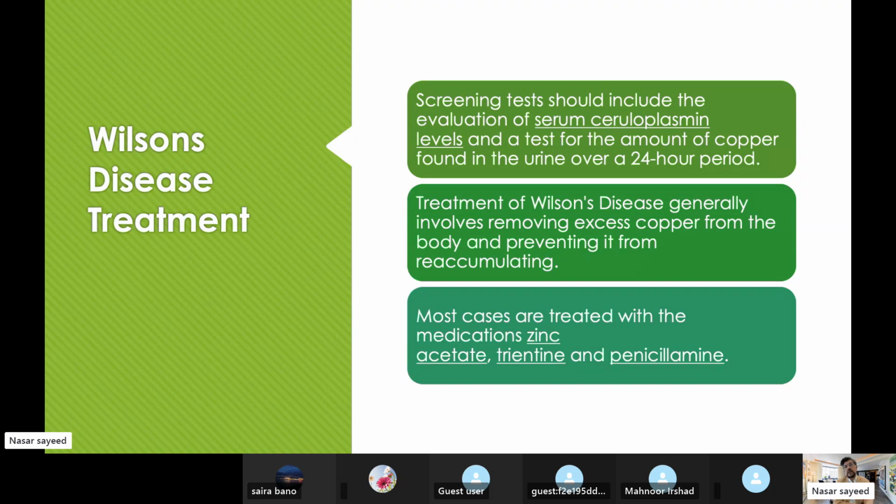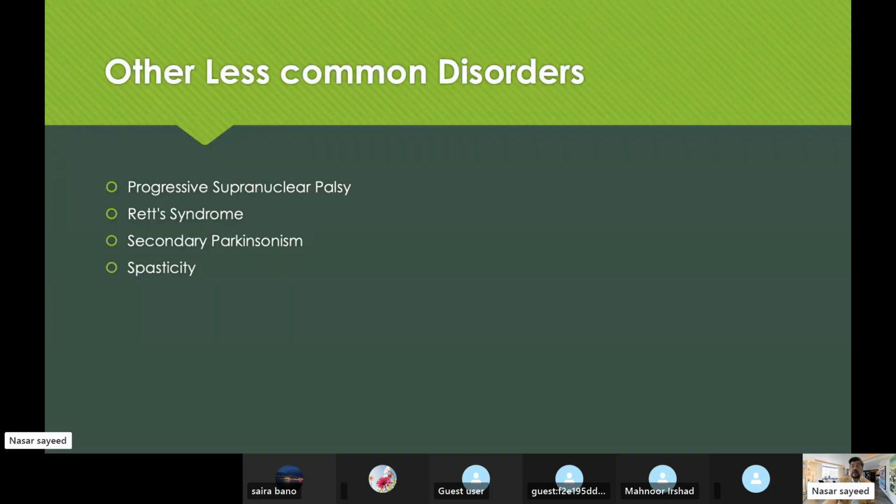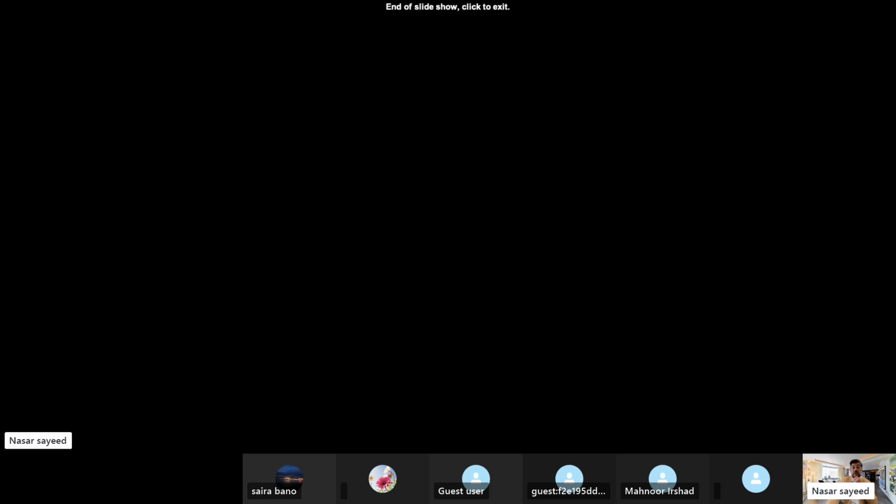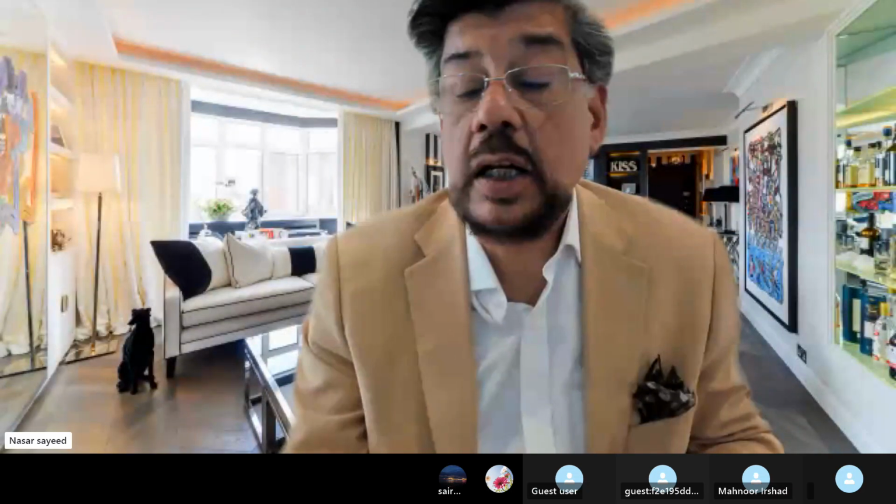Most of the time, the psychosis is such that there is paranoia, mostly specifically toward the parents and the family members, difficult to treat and difficult to manage as well. Other less common disorders like supranuclear palsy, Rett syndrome, secondary Parkinsonism, and spasticity are some of the things that are usually presented.